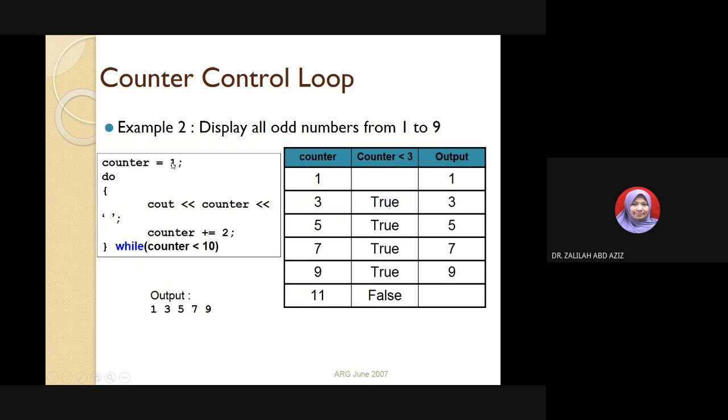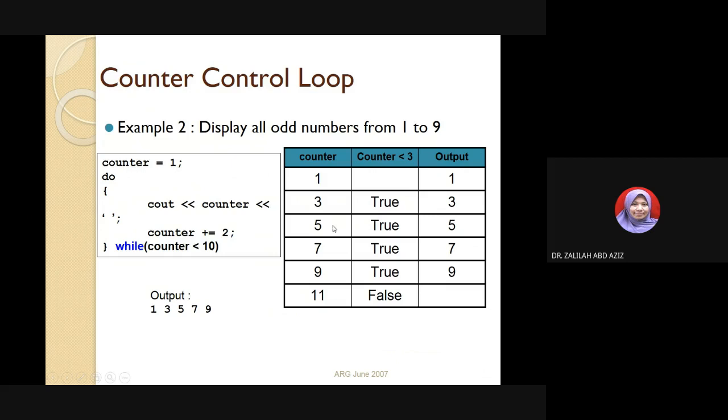So dia akan display nilai counter ni lah 1. And then counter tu you need to update dia 1 plus 2, counter is plus equal to means that counter equal to counter plus 2. Tadi 1 plus 2 is 3. Now dia akan check, adakah 3 less than 10? Yes. So kalau true, dia akan tulis 3.